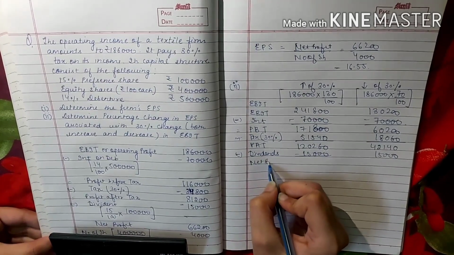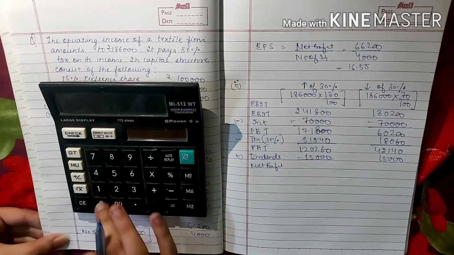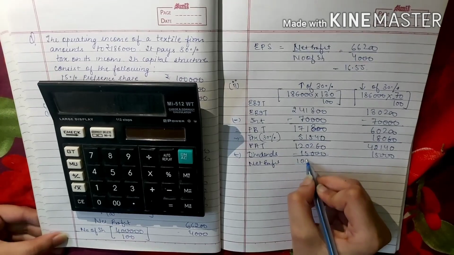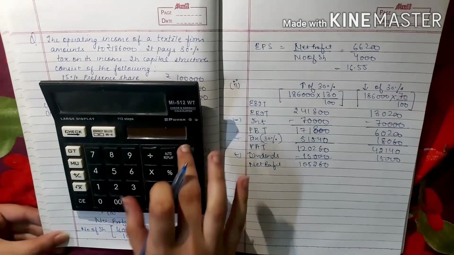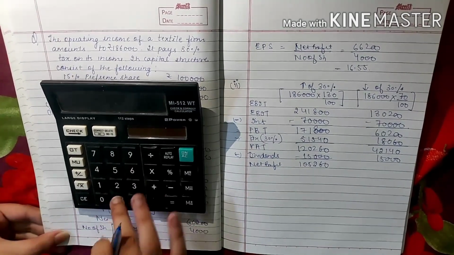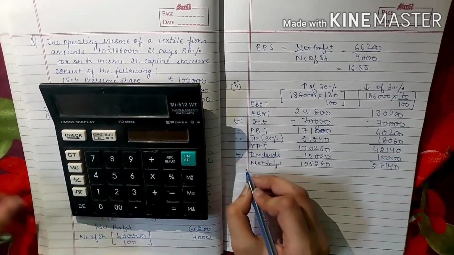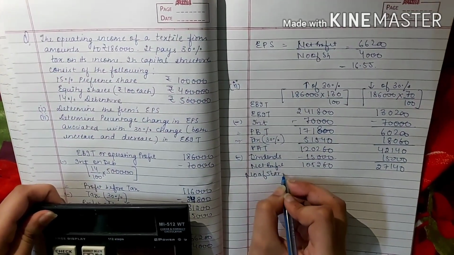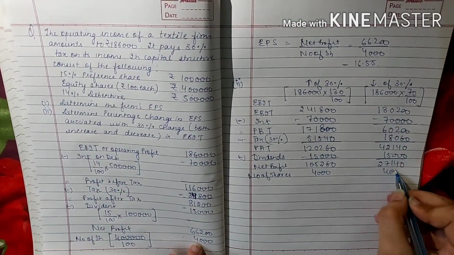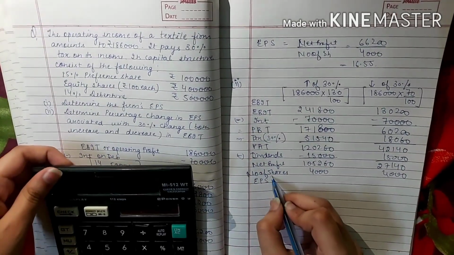So net profit in the first case will be 120,260 minus 15,000. It is 105,260. And in second, it is 42,140 minus 15,000, which is 27,140. Number of shares, 4,000, we have calculated in the first part. So earning per share is net profit upon number of shares.